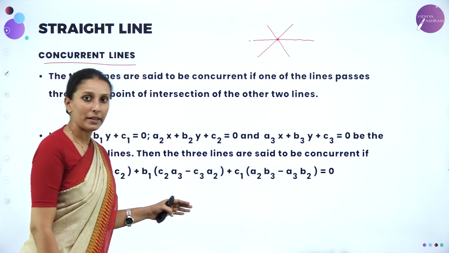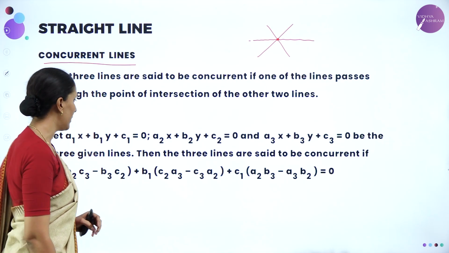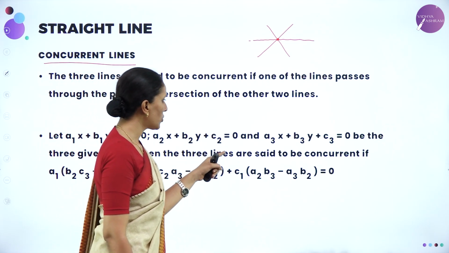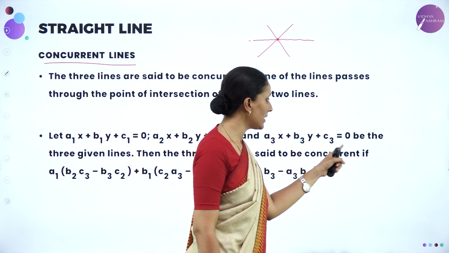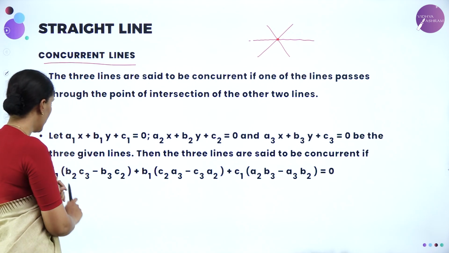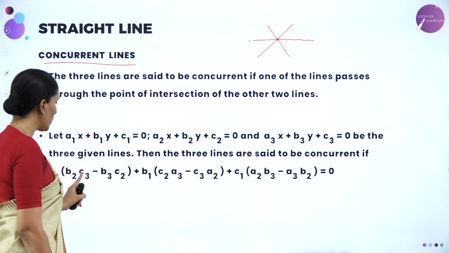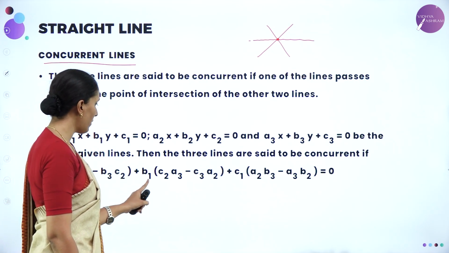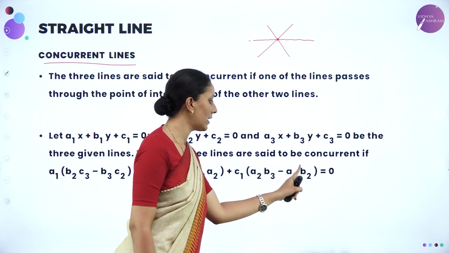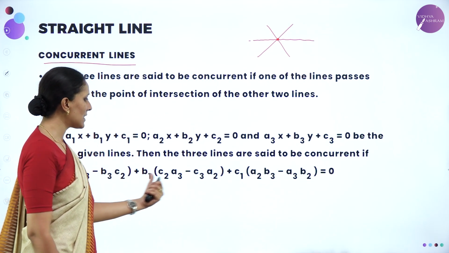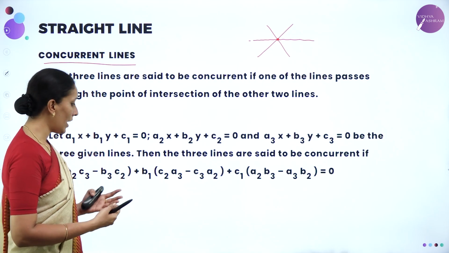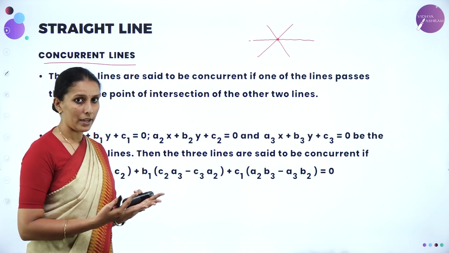Now, we have a shortcut method to show that three lines are concurrent. Let A1x + B1y + C1 = 0, A2x + B2y + C2 = 0, A3x + B3y + C3 = 0 be the three lines. Then the three lines are concurrent if this formula holds: A1(B2C3 - B3C2) + B1(C2A3 - C3A2) + C1(A2B3 - A3B2) = 0. This is the same as the area of a triangle which you have learnt in analytical geometry, where you took it in the form of x1 y1, x2 y2, x3 y3.